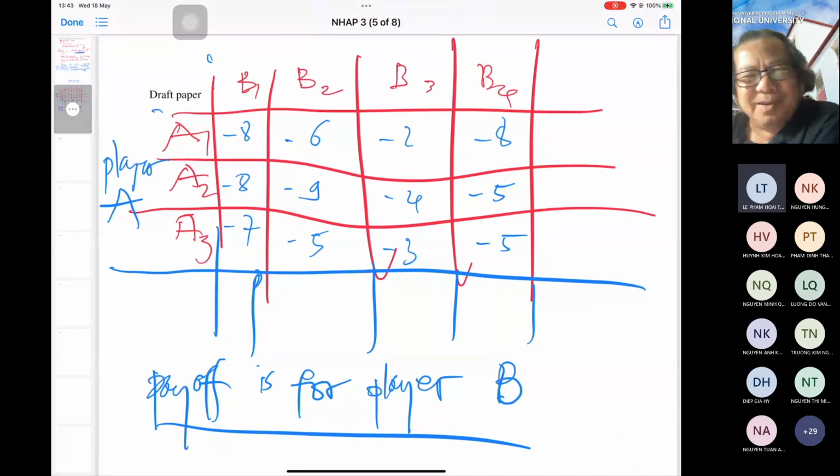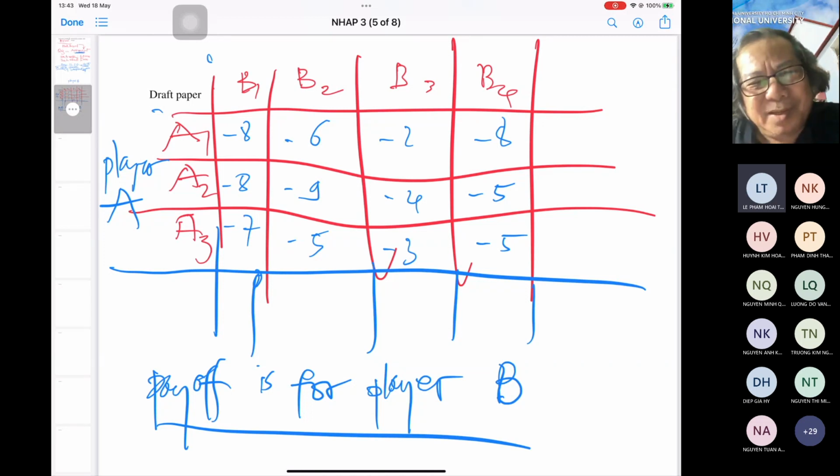Minimax method means what? For each strategy of each player. For example, for the strategy A1 here, you find the minimum, the worst. Is that okay?